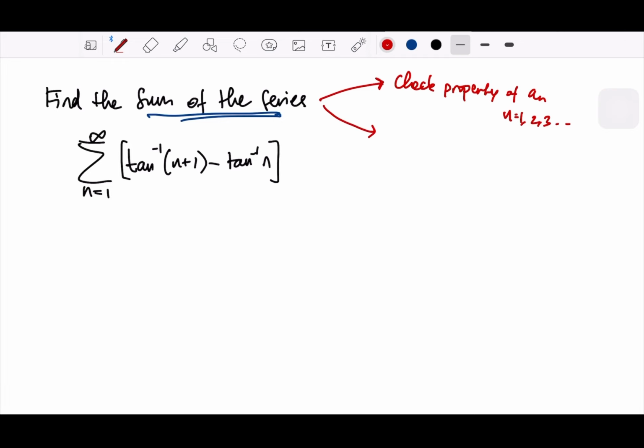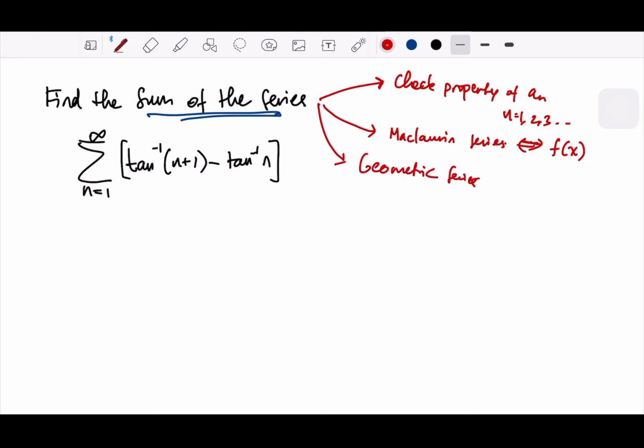And the second one, we can relate this series with the Maclaurin series, and then rewrite in terms of the function. And probably relate to geometric series. Usually these three will be your strategy or your way to solve the problem.